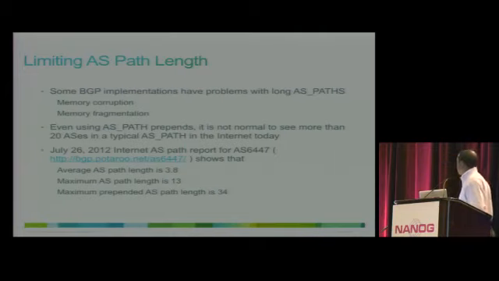There are tools, you can use BGP Play to see the maximum lengths on the internet, unique lengths. If you do prepend, don't prepend too much, because routers that do not support AS path lengths beyond a certain number may drop your routes. So make sure that you are not prepending too much.